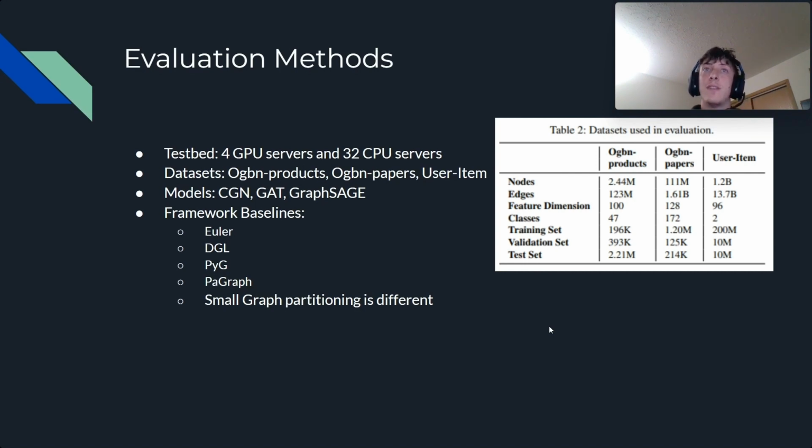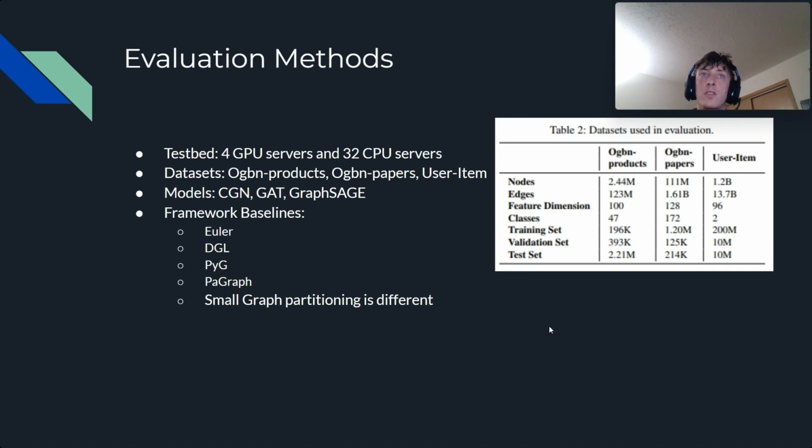The researchers evaluate BGL using 3 representative graph neural networks: GCN, or Graph Convolutional Network, GAT, or Graph Attention Network, and GraphSage. When picking graphic neural network frameworks for baselines, the authors chose 4 of the most widely used.